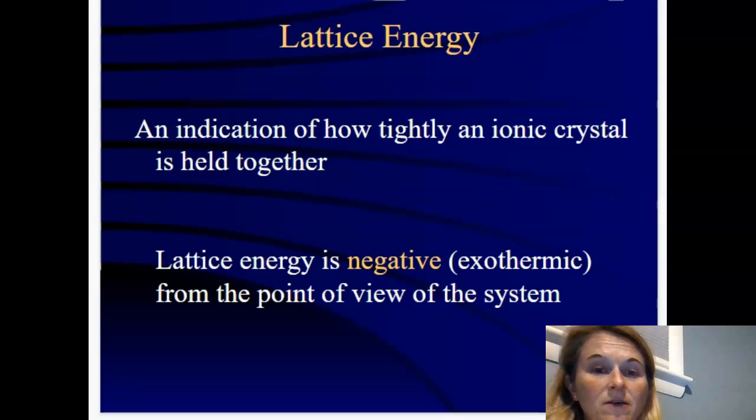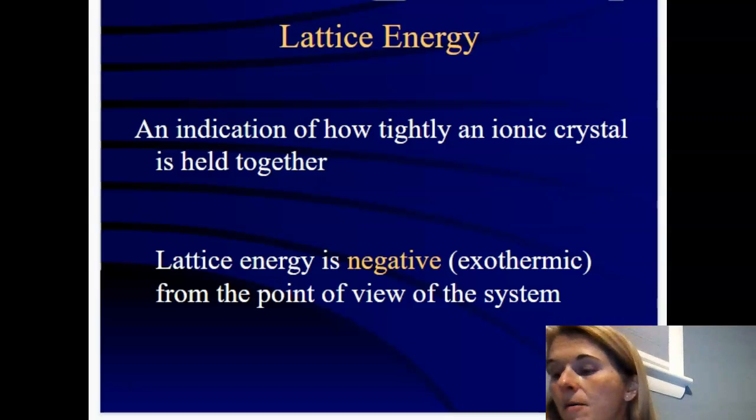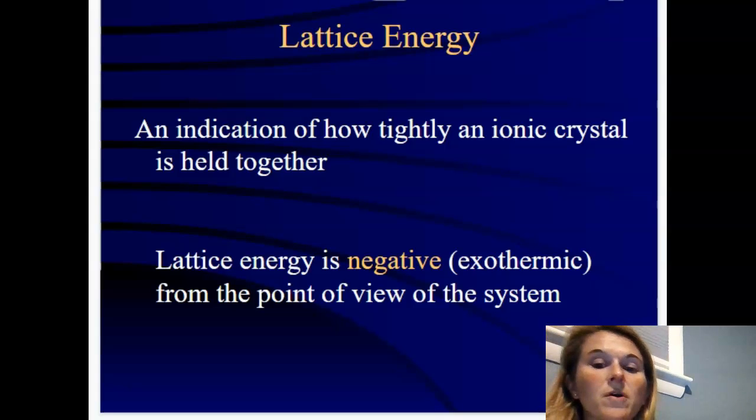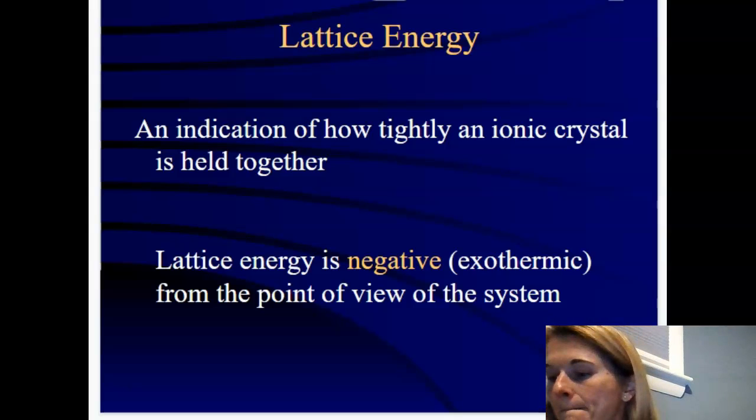The more negative the lattice energy is, the stronger that bond is. So the solid crystals formed from ionic compounds coming together are very strong, and they form this lattice work, which makes them even stronger.